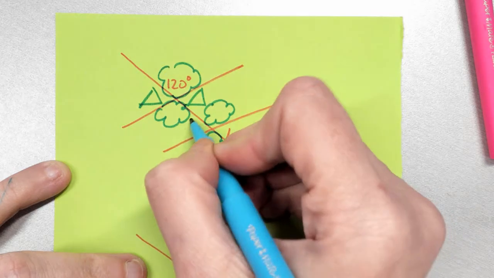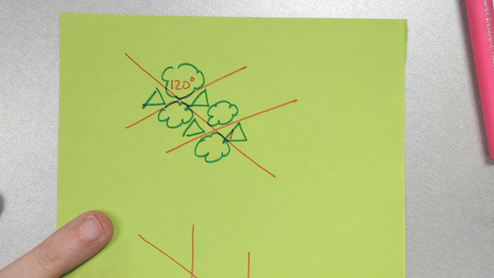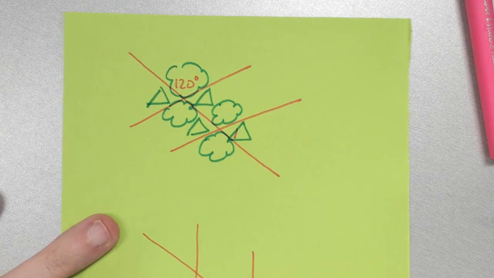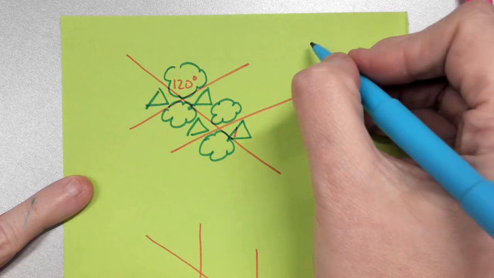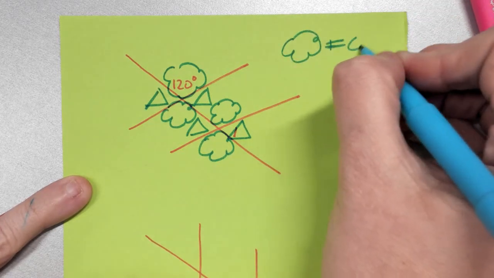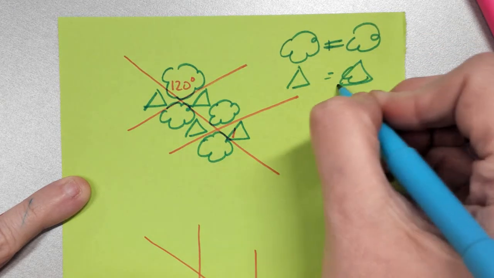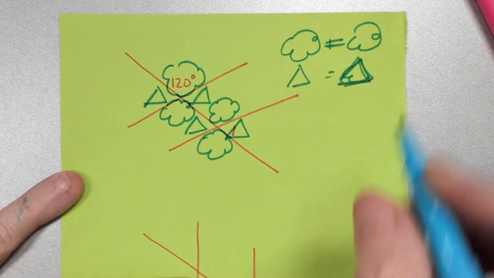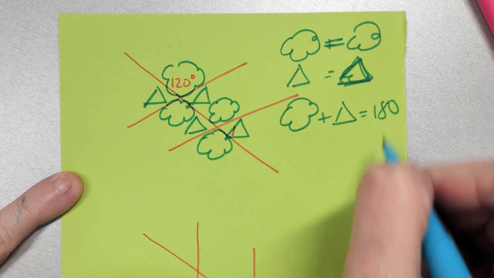Now I'm going to put triangles because that's how I roll. Now, I have a 1 here. So they want to know what angle 1 is. So literally, I'm going to write cloud equals cloud, triangle equals triangle, cloud plus triangle equals 180.